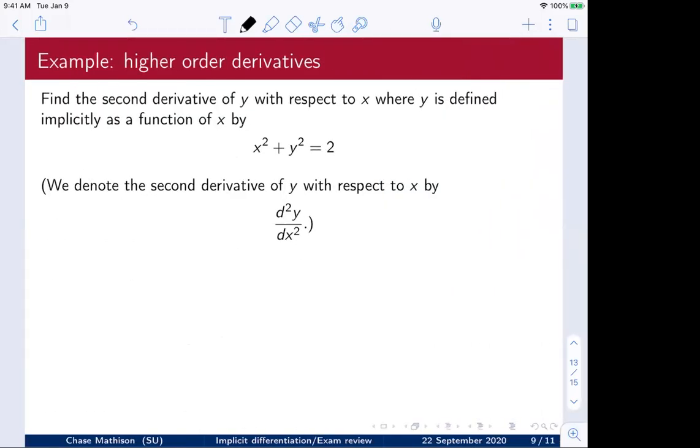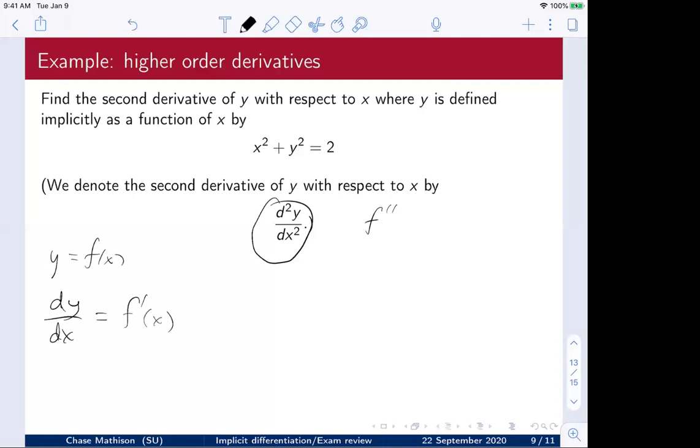One last thing: higher order derivatives with implicit differentiation work exactly the same way. The only really small thing that I thought was worth mentioning, where I've been writing f double prime before, if y is equal to f of x, then what we have been writing dy dx is just f prime of x.